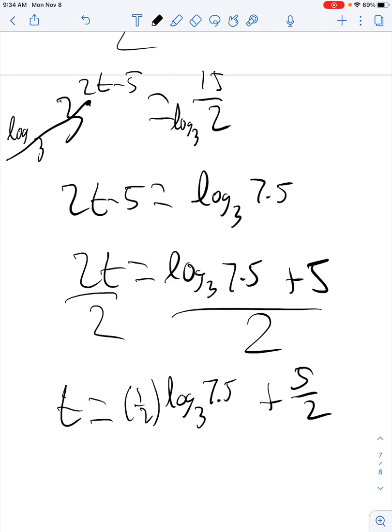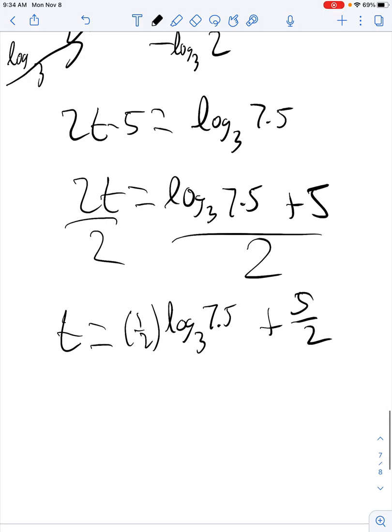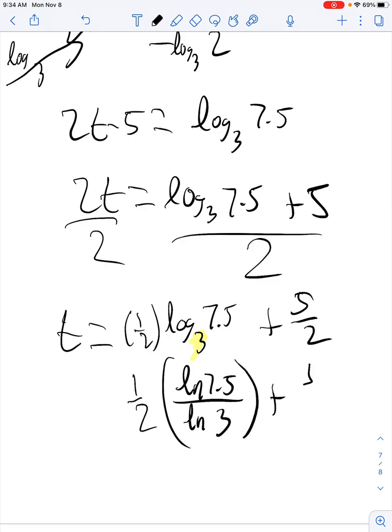So I could plug this whole expression into my calculator, but just a helpful note, because we've got this base of 3, we don't like having base of 3, so we're going to rewrite it as ln of 7.5 over ln of 3.